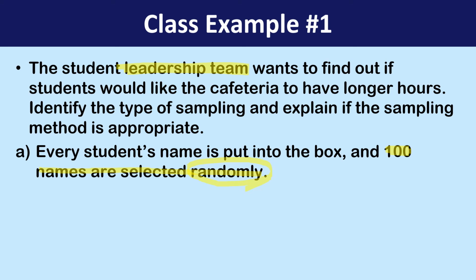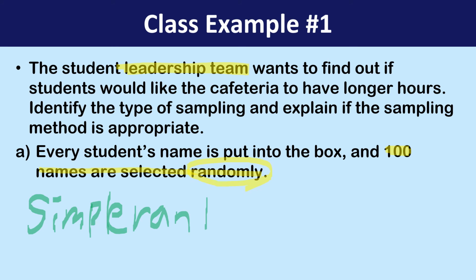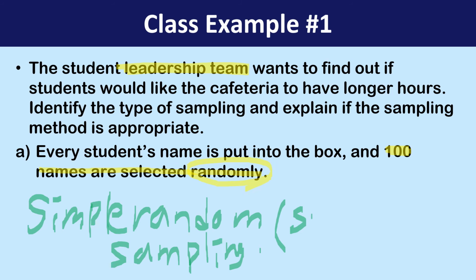So I want you to put that this specific example technically involves simple random sampling. That is the identified type because everybody has the same chance of getting picked. Is this an appropriate method?